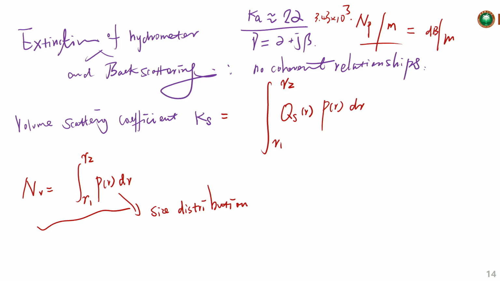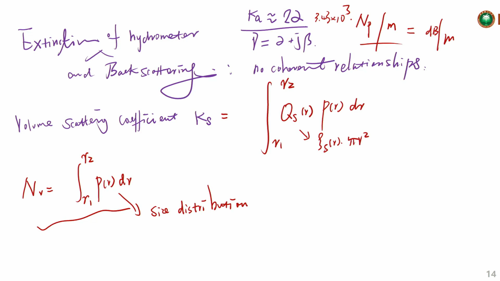So this is the total extinction coefficient calculated by this term, and Q_s equals psi_s(r) times pi r squared, right?